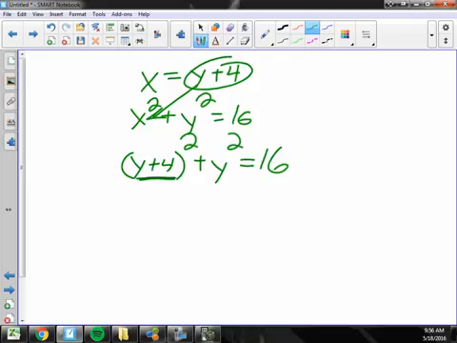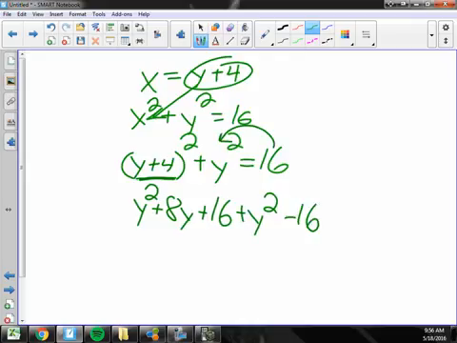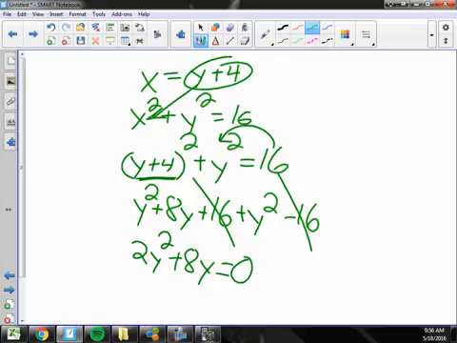So we should be really good at multiplying these by now. Y squared plus 8y plus 16 plus y squared. Then I need to subtract this over. Minus 16. That's nice. So 2y squared plus 8y equals 0. What should we do there?